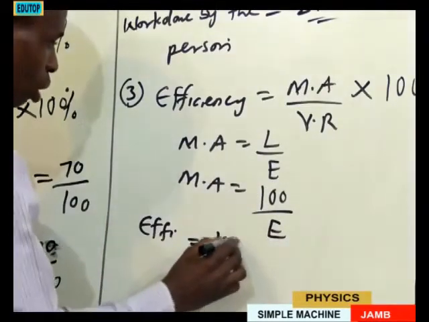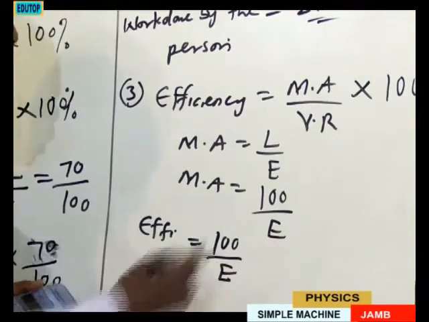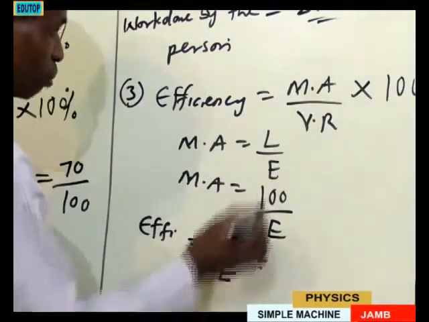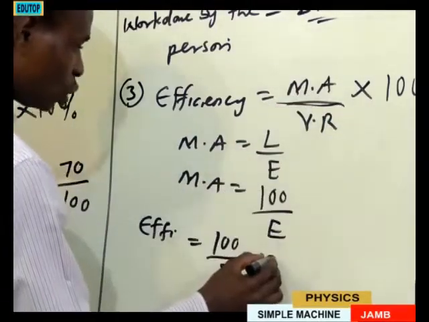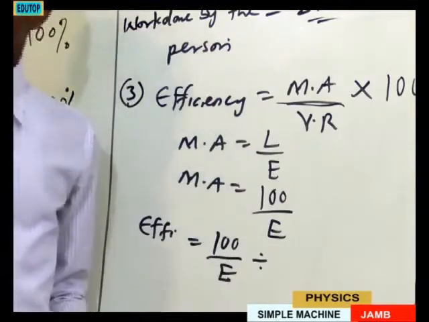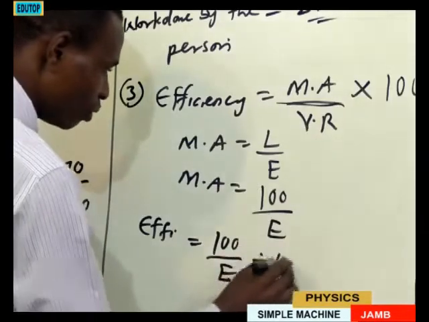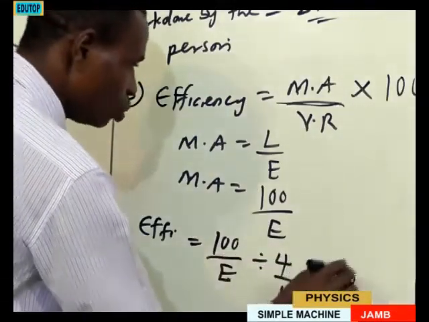It's going to be 1000 divided by E. Then we also have divided by the velocity ratio. And if you look at that question, the velocity ratio is given as 4. Instead of having V here, 4 over 1 times 100%.